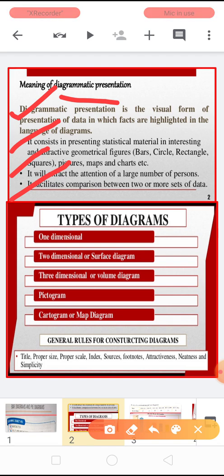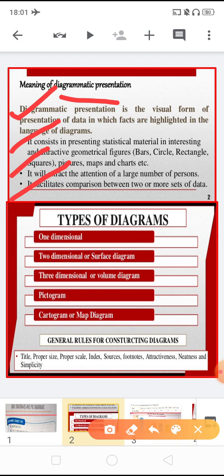Children, the word diagrammatic presentation comes from the word diagrams. So in this chapter we are going to learn the various kinds of diagrams. So as I just said, children, diagrammatic presentation of data is one of the most convincing and appealing ways of presentation of complex data in statistics.